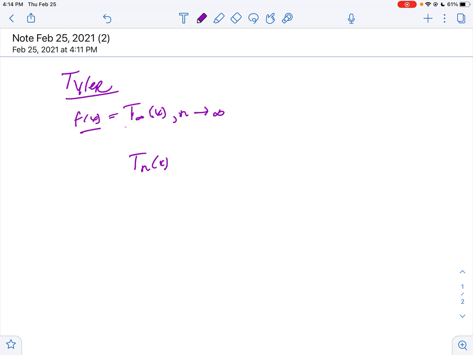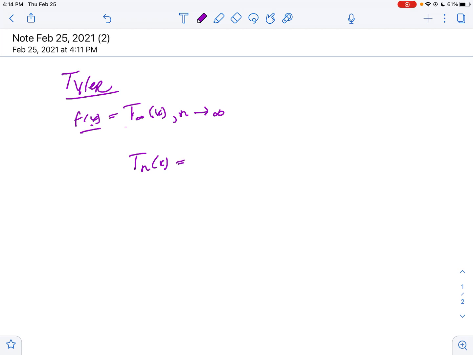Elementary functions can be represented, not approximated, by a Taylor series that goes to infinity, right? But if we want to represent an elementary function with a polynomial, because we don't want to keep plugging in a bunch of numbers forever, there's bound to be some kind of an error, right?